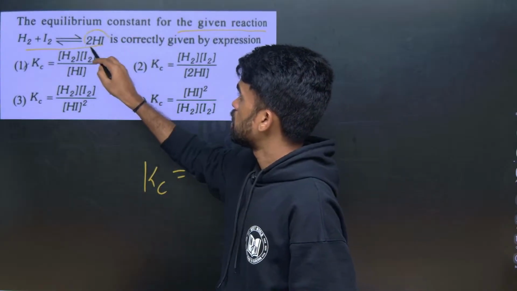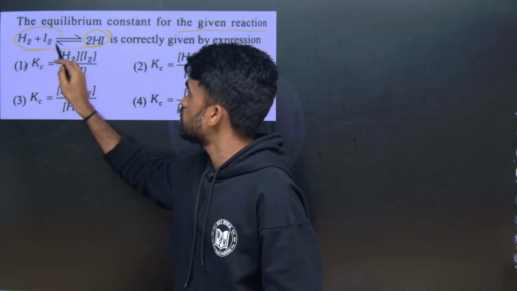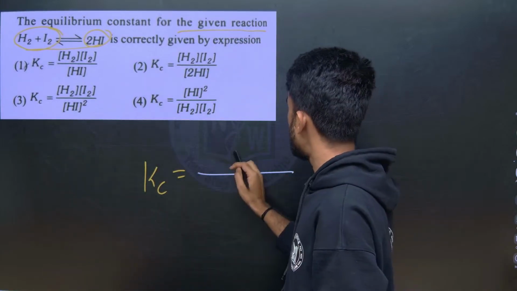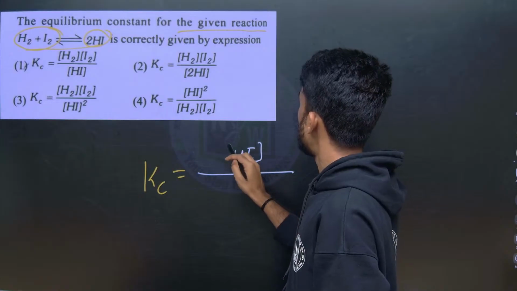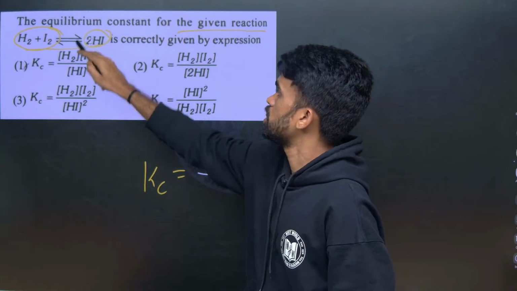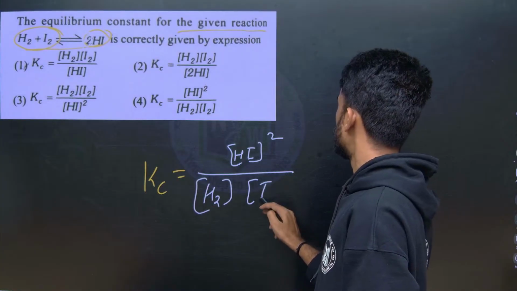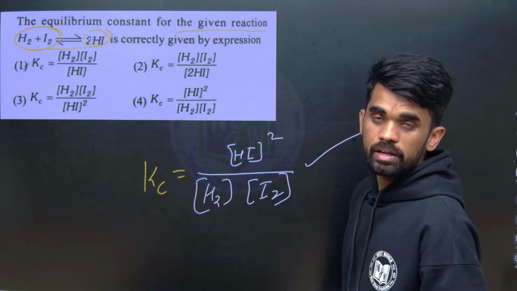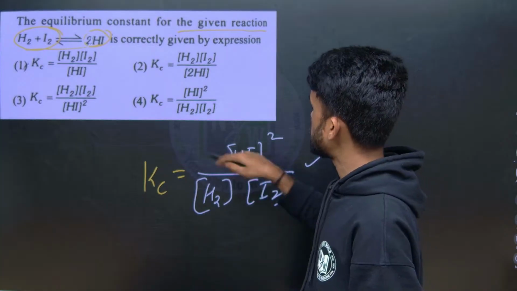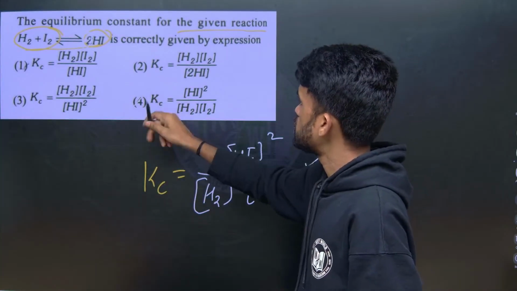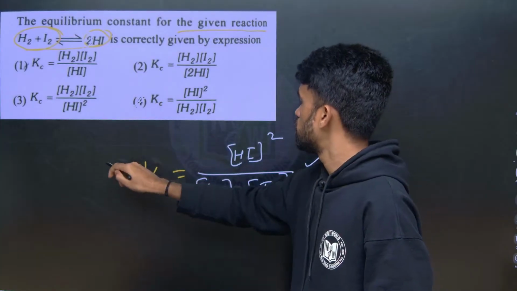It is the concentration of products by concentration of reactants raised to the power of their coefficients. So I can write HI to the power 2 because the coefficient is 2, over H2 and I2. So this is the relation we should give. So which expression is correct? Here the fourth option is perfect for this particular question.